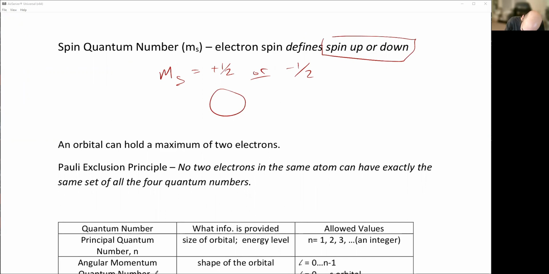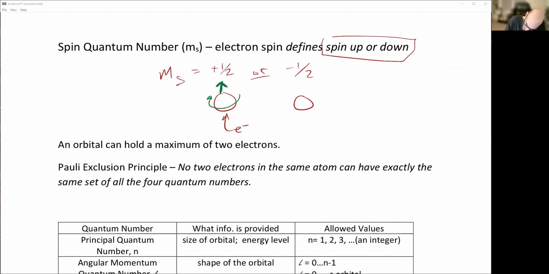So if this is an electron, and the way that you really should think about it is, this is my electron, the little tiny particle. The spin up, it's not something that's spinning like upward. What's happening is it creates an electric field. So if this electron is spinning in a counterclockwise direction, that counts as spin up.